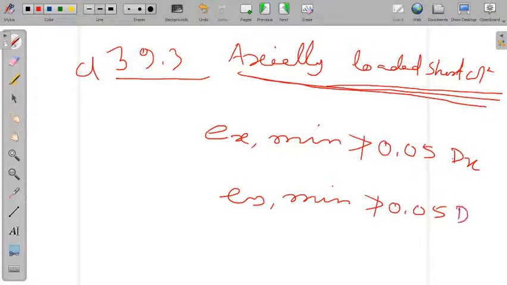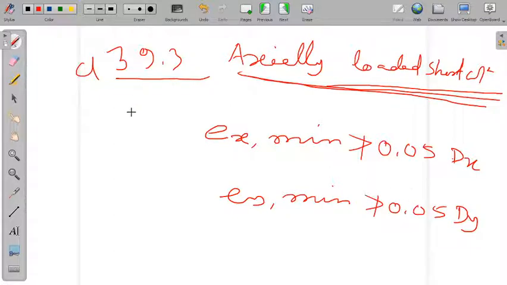When in a column this minimum eccentricity does not exceed 5% of the lateral dimension, then we can design this column as an axially loaded short column.